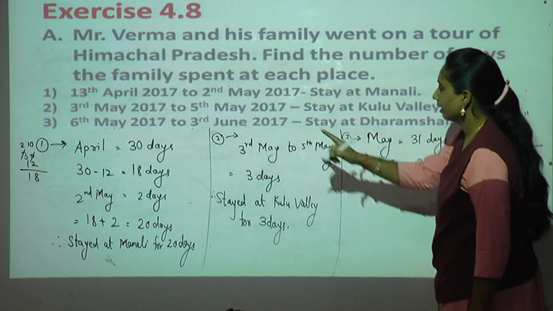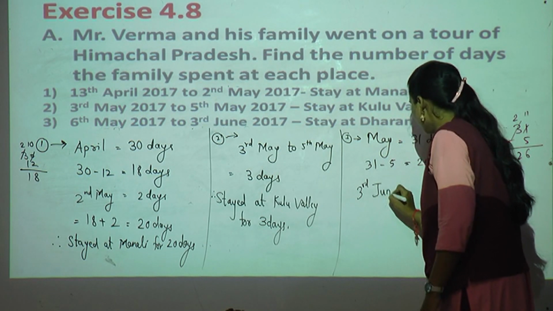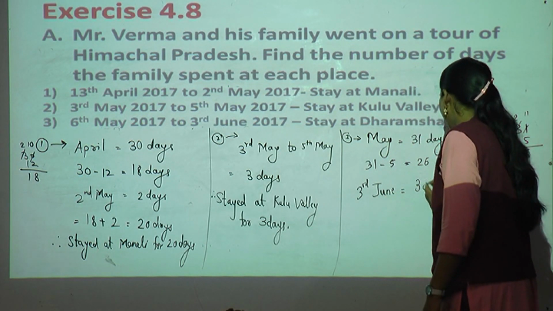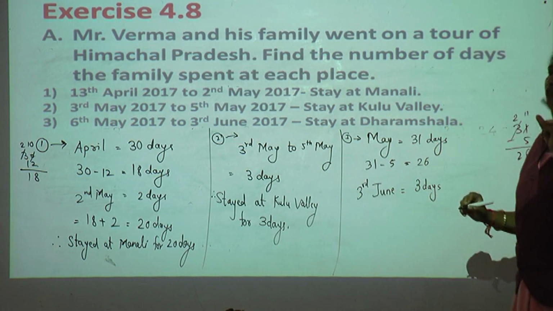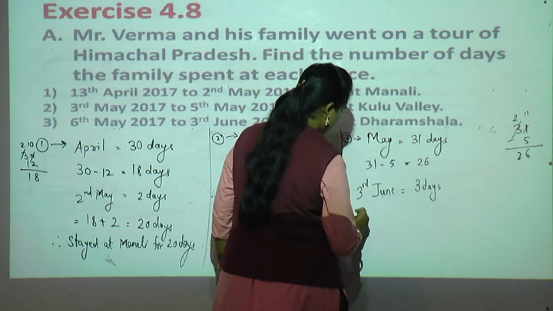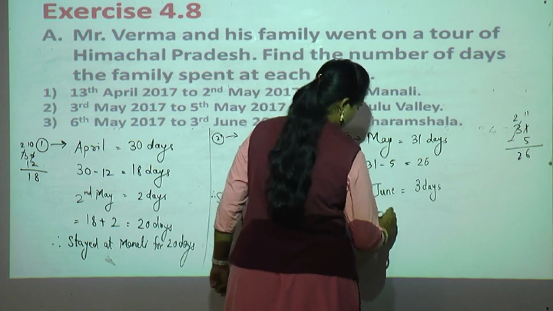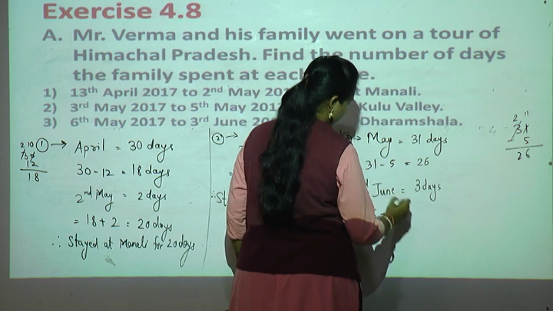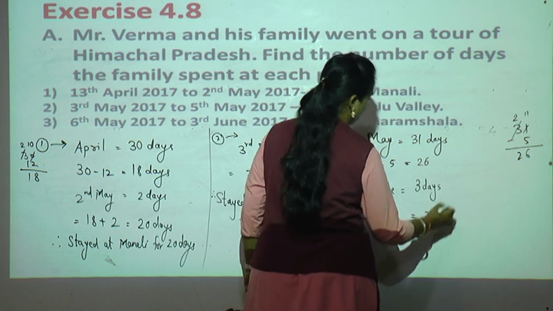Okay, and the next is 3rd June. So 3rd June itself tells that it is only 3 days. It starts from 1st June, 2nd June and 3rd June. Okay, 3 days. So now we will add both the days of May and June. In May 26 days and in June 3 days. Now when you add this together, 6 plus 3 is 9, 2 as it is.